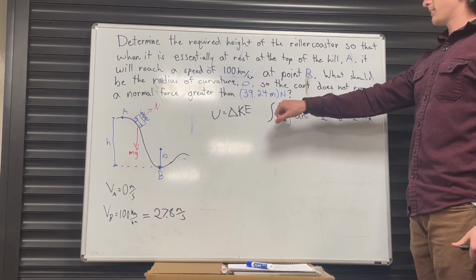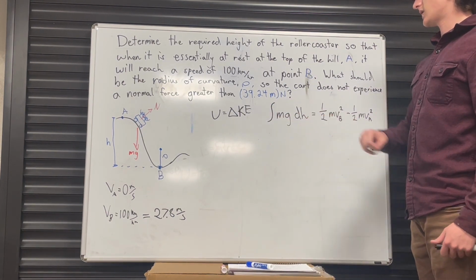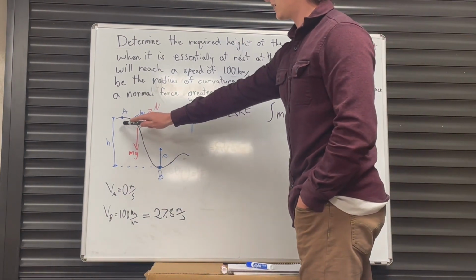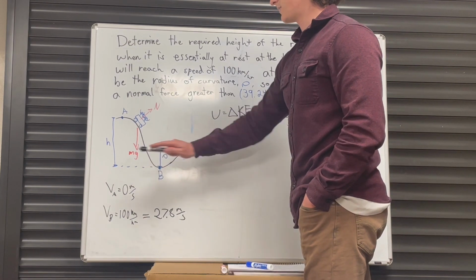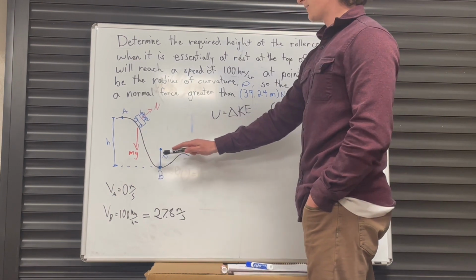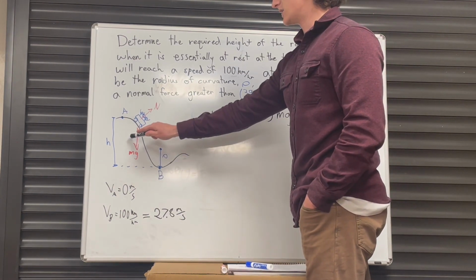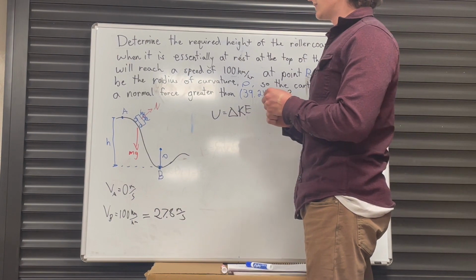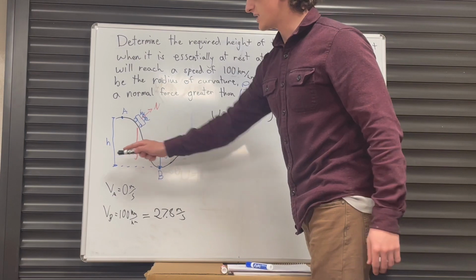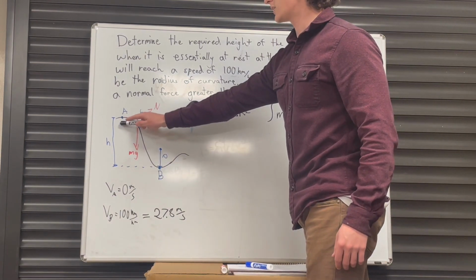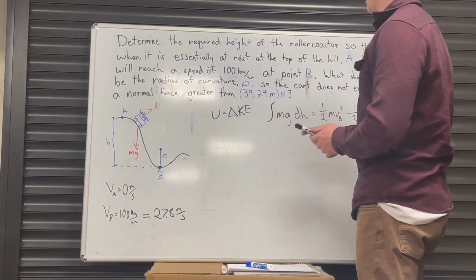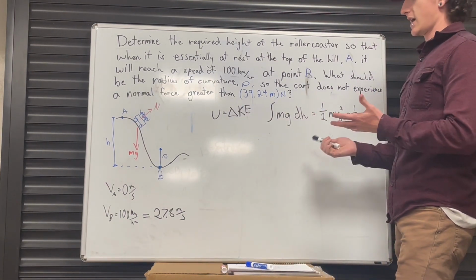We have the integral of the force due to gravity times dh, and you'll notice that while it doesn't look like the force is along the path, the force downward is in line with what we are trying to find, dh. So they're both only in the y direction. So that's why there's no angle that we have to worry about.